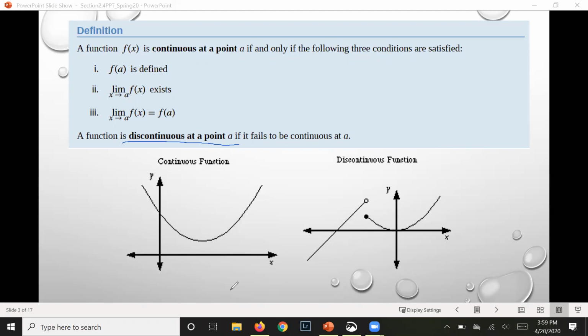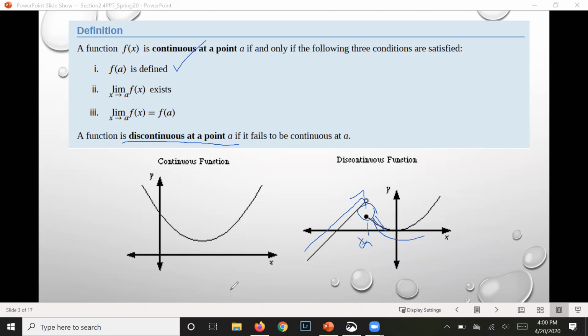First of all, I'm going to choose my value a to be right here. Is f of a defined? The answer would be yes, because there's this filled-in dot here. So we definitely have that one. Does the limit exist? As we come from the left, we get closer and closer to this open dot value here.